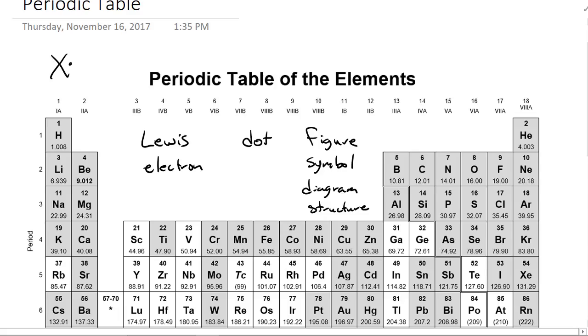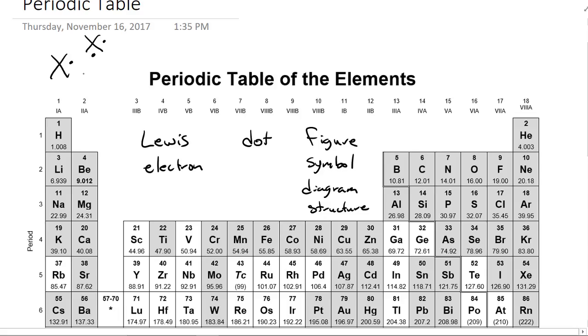The location of that dot could be anywhere. We think of it as having four sides, a top and a bottom, and a left and right. So writing it on the right-hand side would be the same as writing it on the left-hand side, which is the same as writing it on the top or the bottom. Doesn't matter. Everything in group 2A is going to have two dots or two valence electrons.